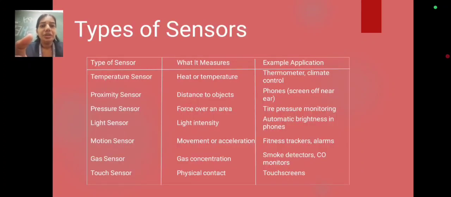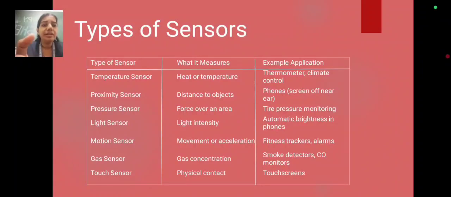There are different types of sensors. The first type is temperature sensor, second is proximity sensor, third is pressure sensor, fourth is light sensor, fifth is motion sensor, sixth is gas sensor, and last is touch sensor. The temperature sensor measures heat or temperature.